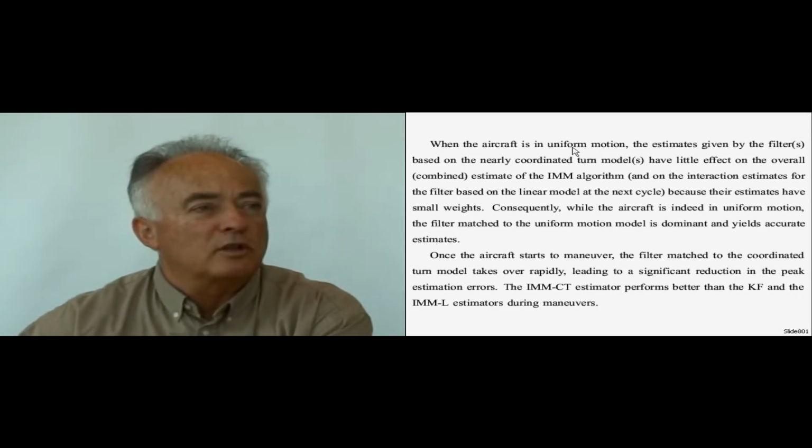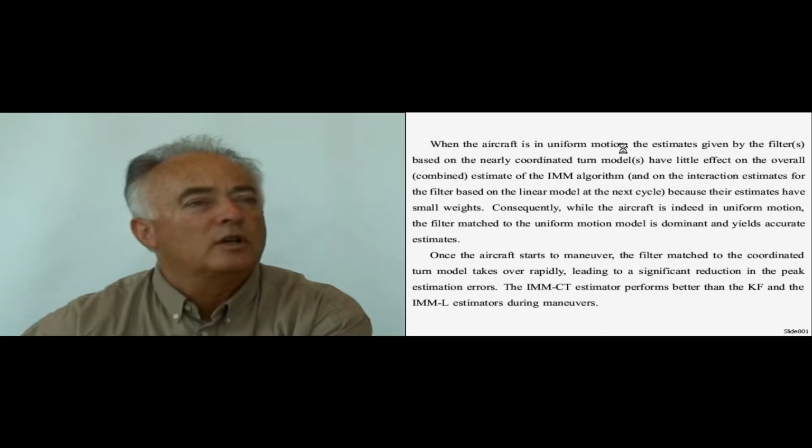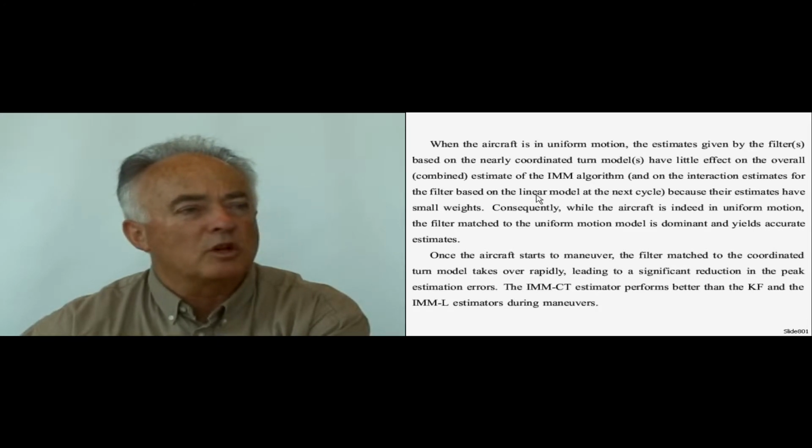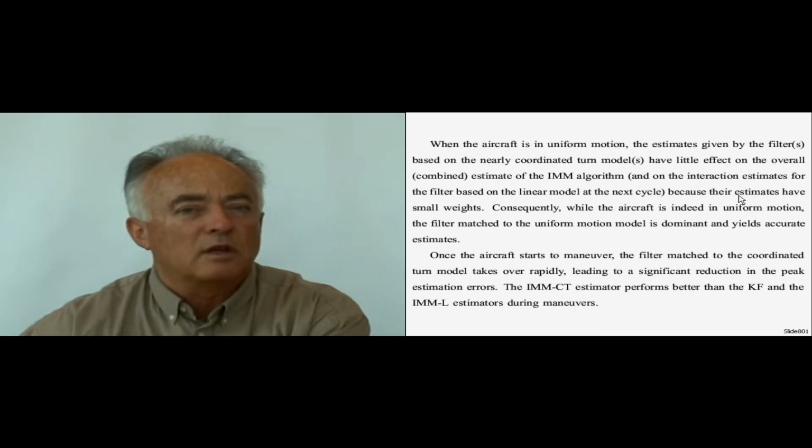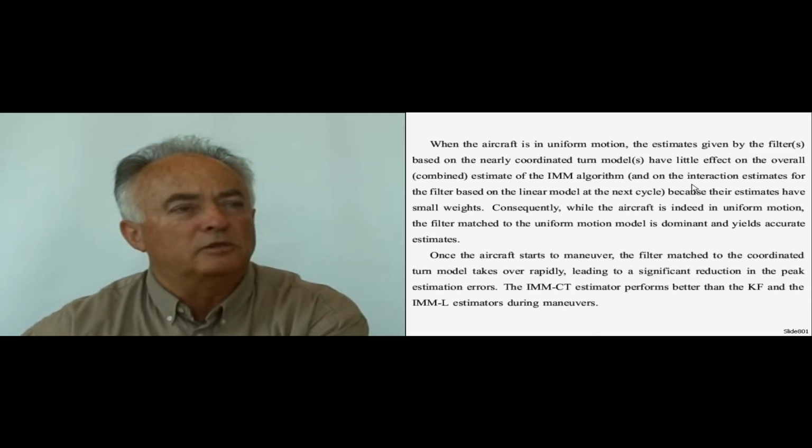When the aircraft is in the nearly constant velocity mode, the estimates given by the filters based on the nearly coordinated model have little effect on the overall combined estimate, because we have an interaction between those filters and each will provide estimates to the other. However, there will be small weights. The interaction probability essentially leaves out during the one mode the estimate from the filter for the other mode.